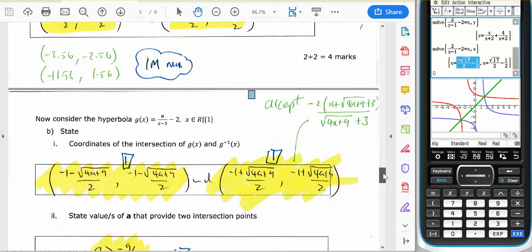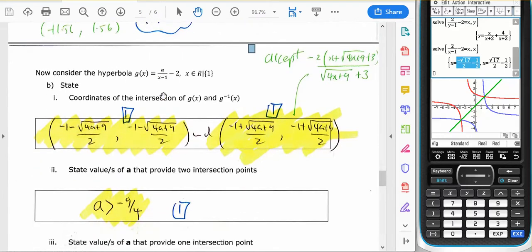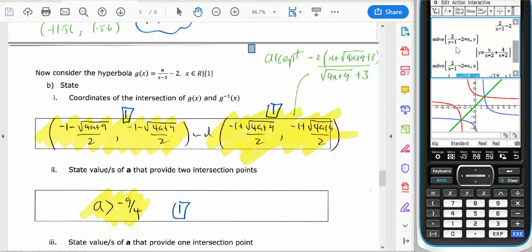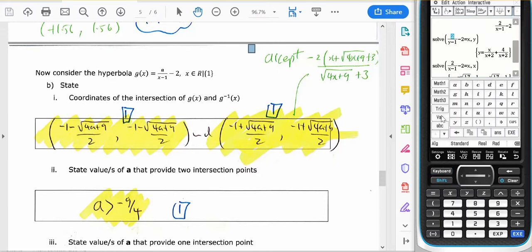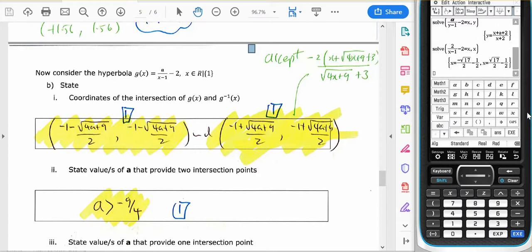Okay, now when the question changes, I've now got the inverse. So if I come back up here and instead of putting a 2 on top, I have an a on top, and I find the inverse, there is an expression for the inverse.